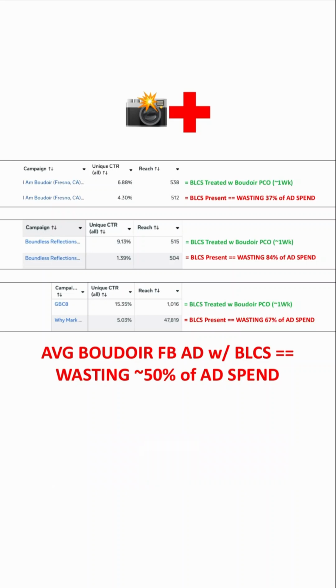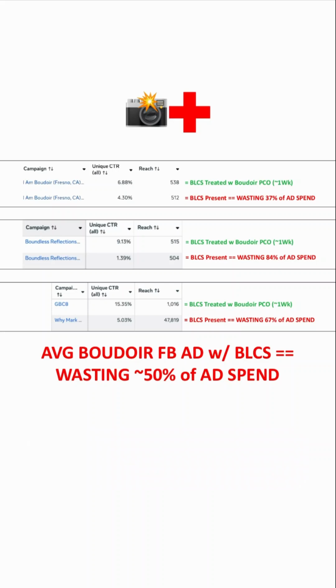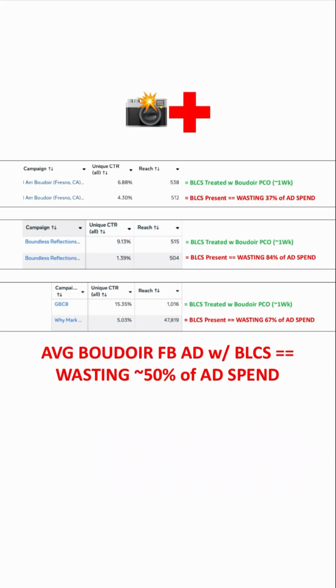So you're seeing that, and you're also seeing cost of living inflation keep going up everywhere, keeps going up, keeps going up, and you've already been optimizing other parts of your business to pull the same input but more output, more money output, less waste.